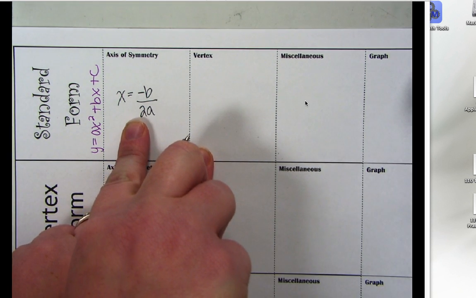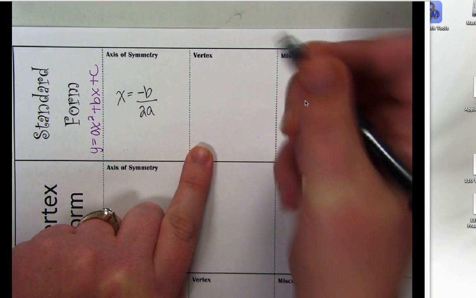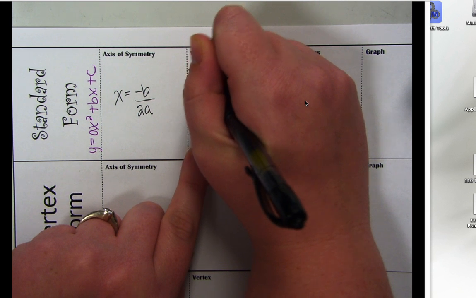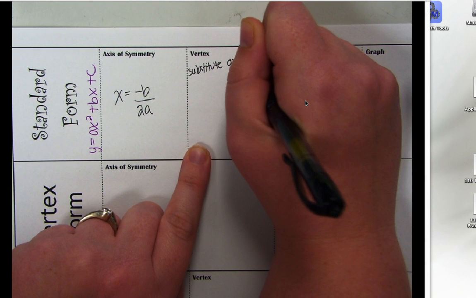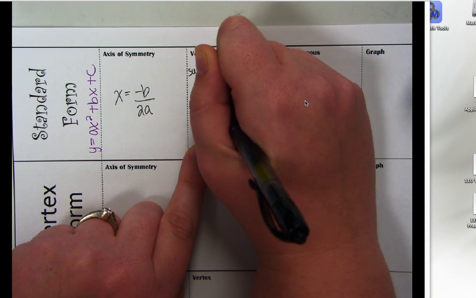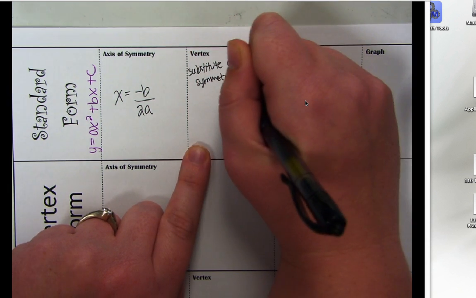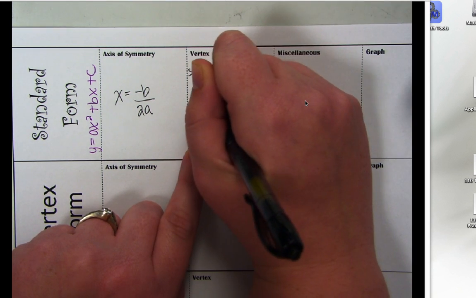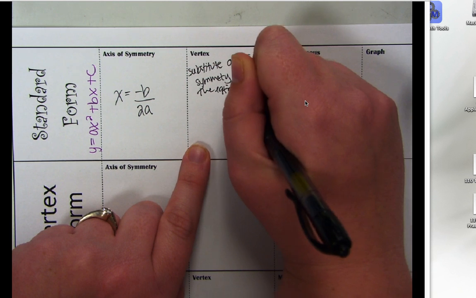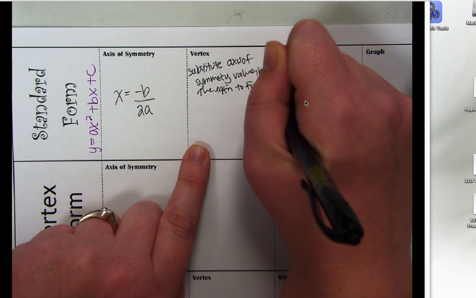Okay. How to find the vertex? What you want to do is first find your axis of symmetry, and by doing so you found the x value of your vertex. So you will substitute the axis of symmetry value into the equation to find y.